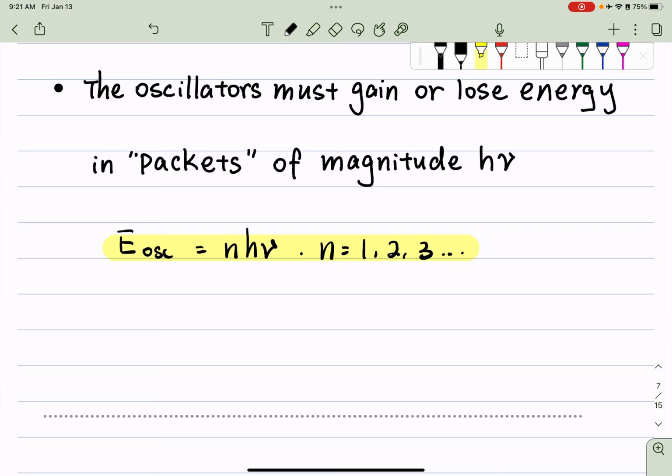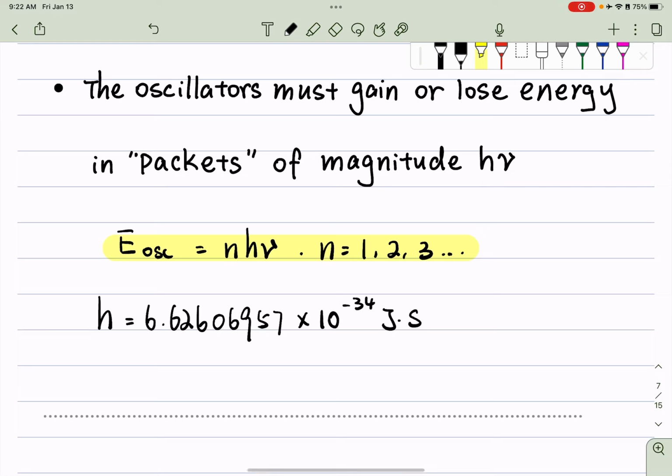And in this relationship, h is the Planck constant, which takes the numeric value of 6.626 times 10 to the negative 34 joule second. I'm just going to write it all down, but you probably don't need all that when you are solving questions. That is our Planck constant. It's one of our universal constants.